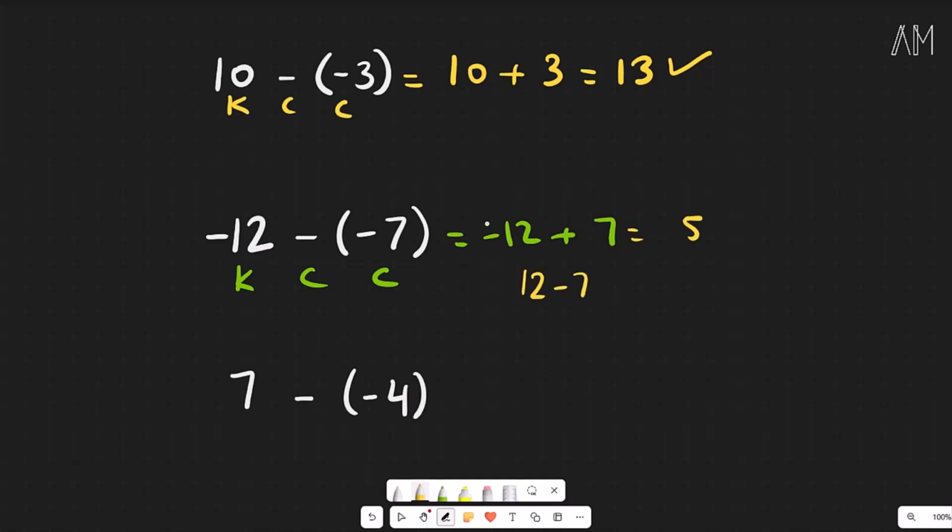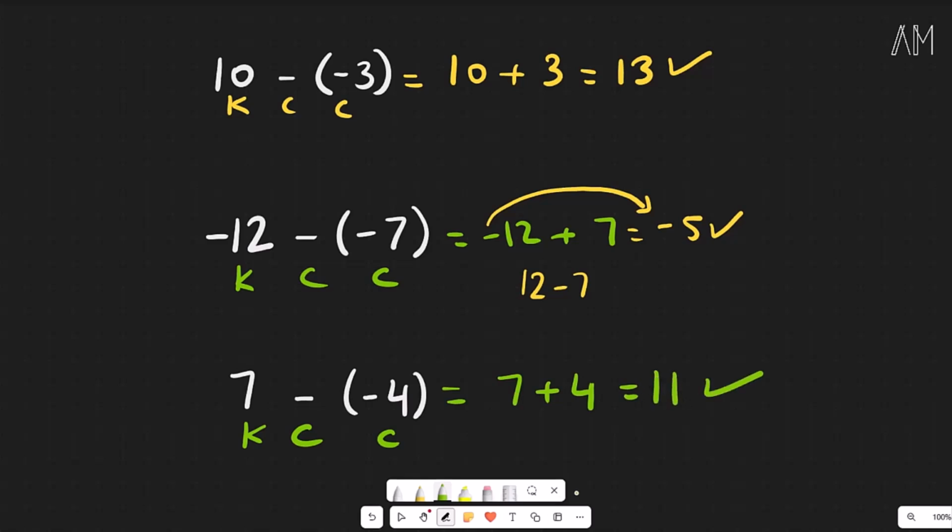The answer will be 5, and the greater number here in this case is 12, so I will take its sign to the answer, and the final answer is negative 5. And finally, here, after applying keep change change, I will get 7 plus positive 4, which is simply equal to 11.